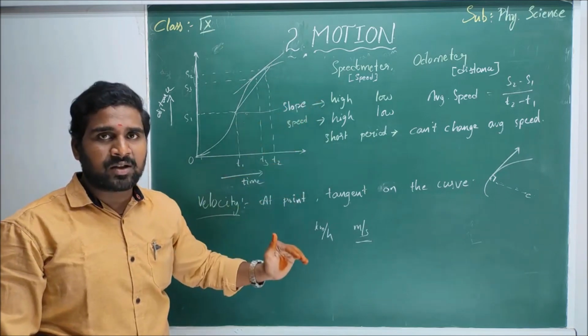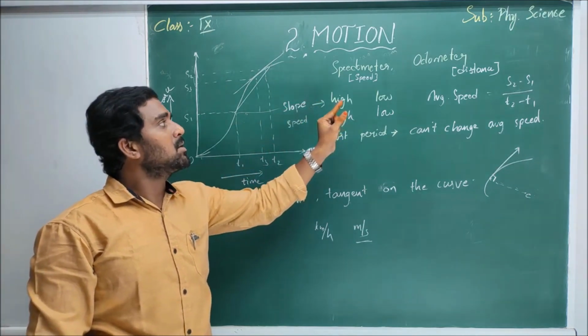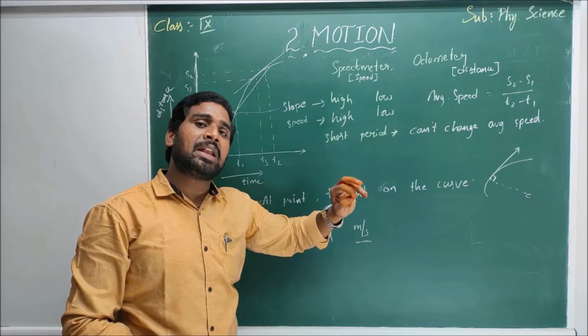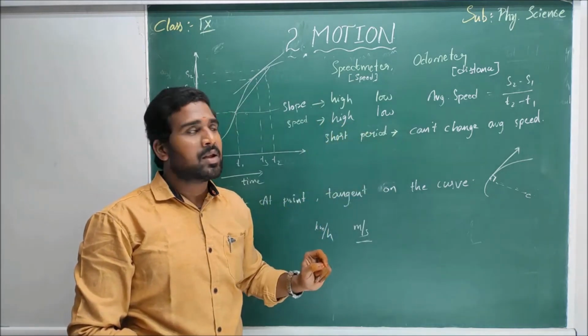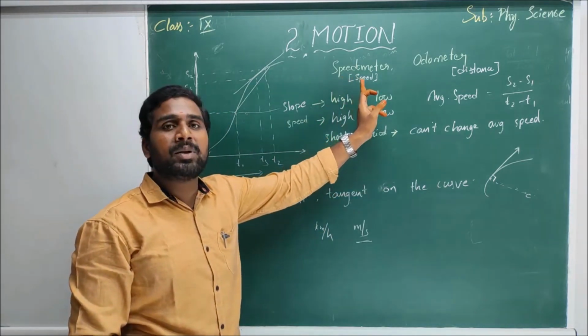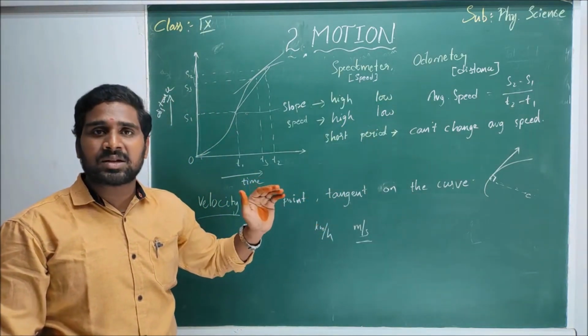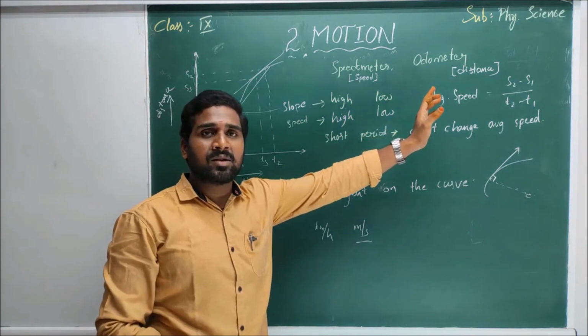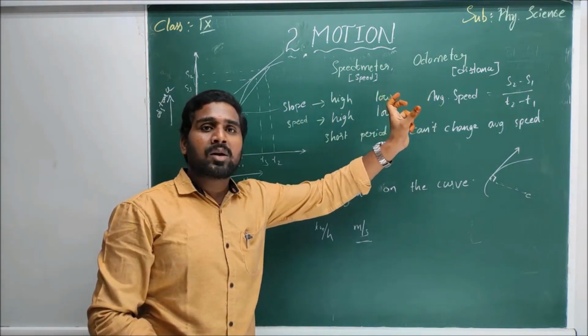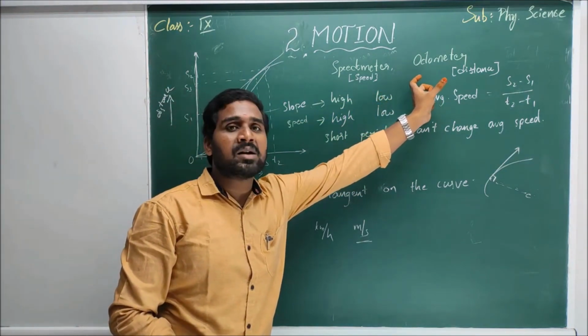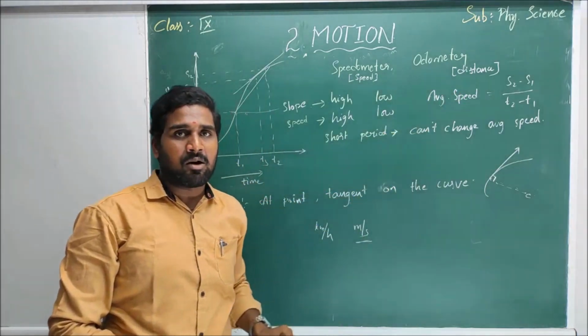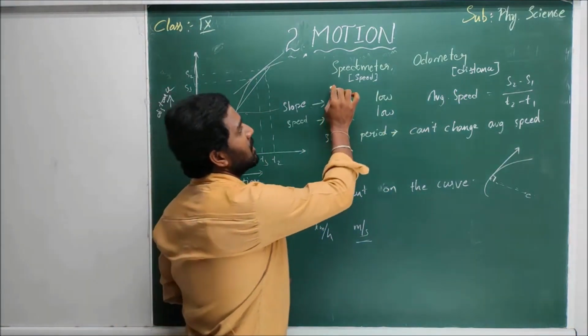The speedometer is used to measure the speed of the object at any particular instant of time, and the odometer is used to measure the distance traveled by the object.